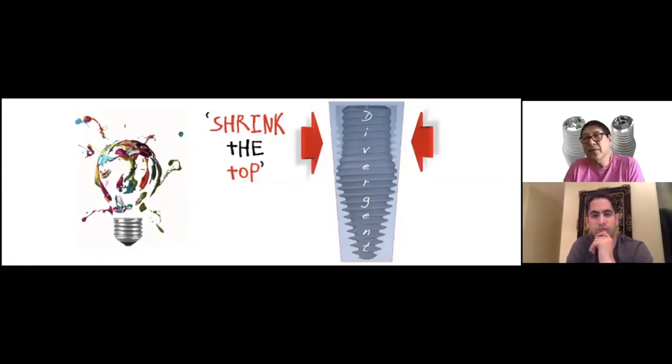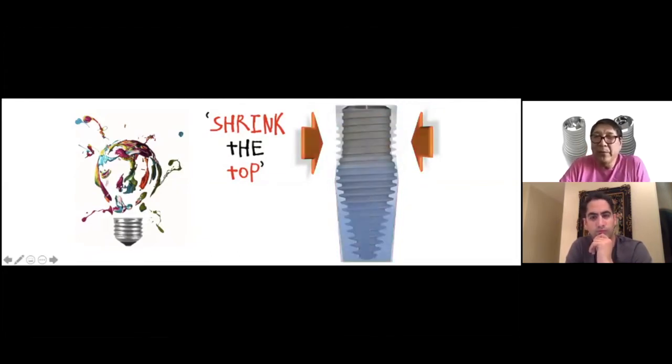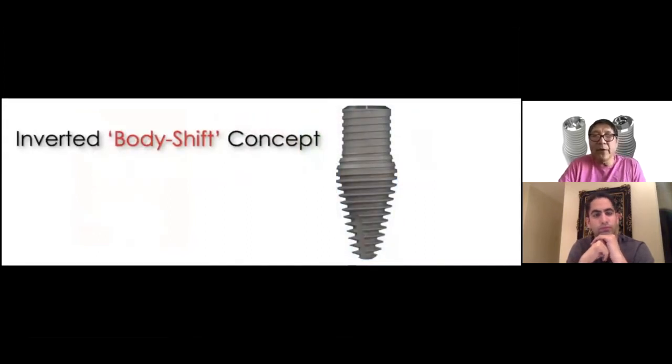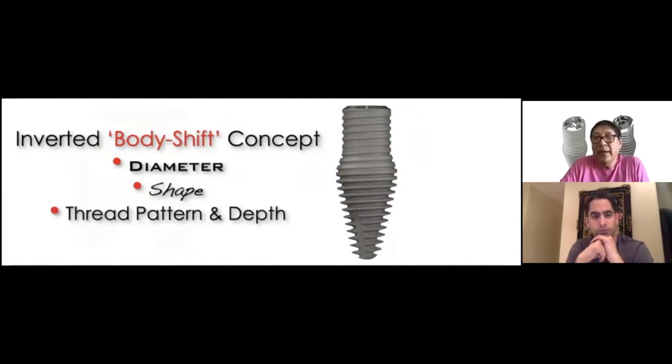So this is trying to create the best of both worlds. Instead of being divergent at the top, it would be more convergent at the coronal portion, where you could then gain the benefits of aesthetics. So the inverted body shift concept we came up with in 2016, we're altering the diameter, the shape, and the thread pattern to enhance what we're trying to accomplish in extraction socket implants.